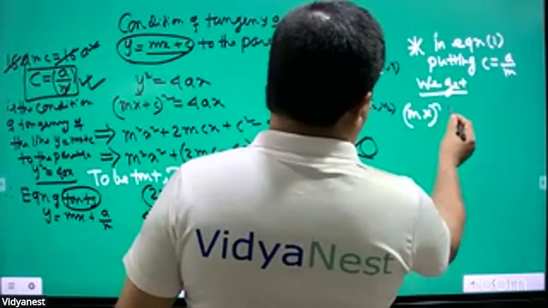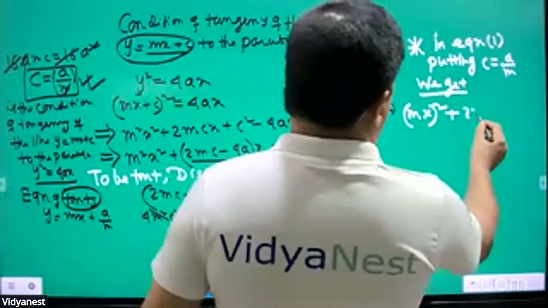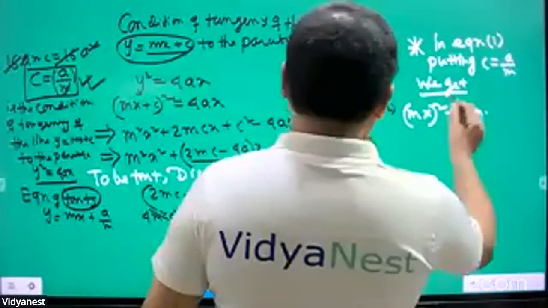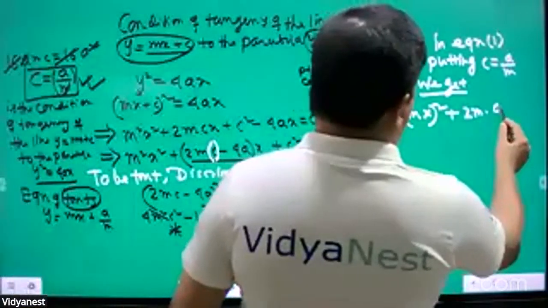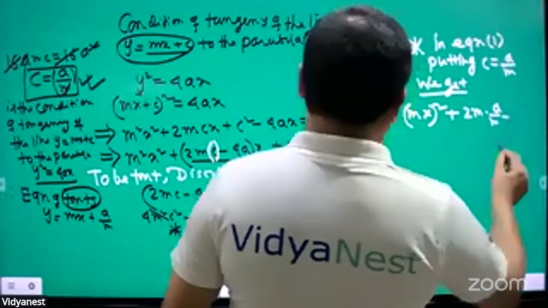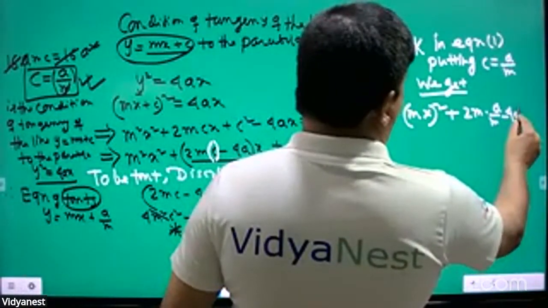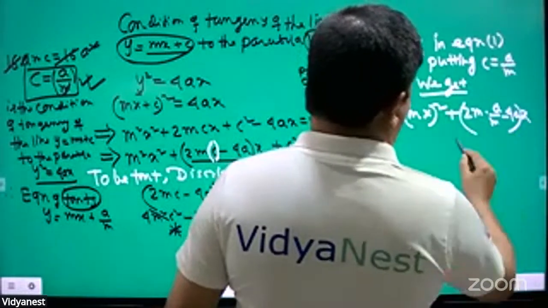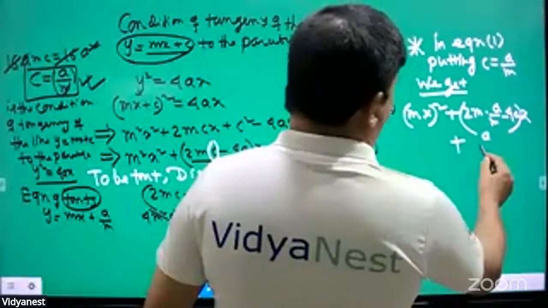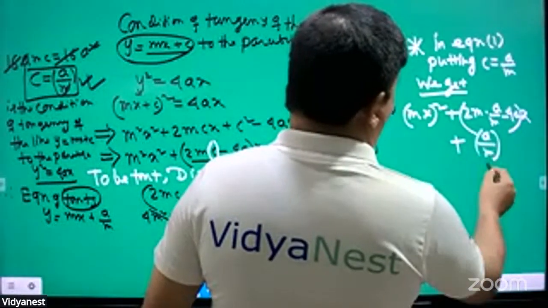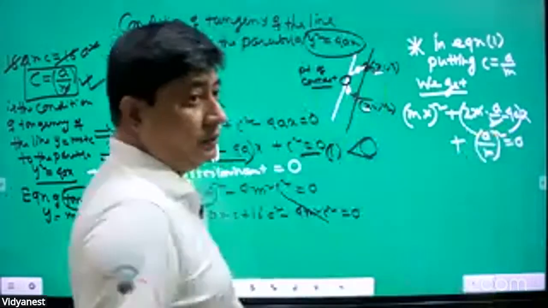(mx) whole square plus 2m, in place of c you put a by m, minus 4a into x plus c square, which is (a by m) whole square. m cancelled.